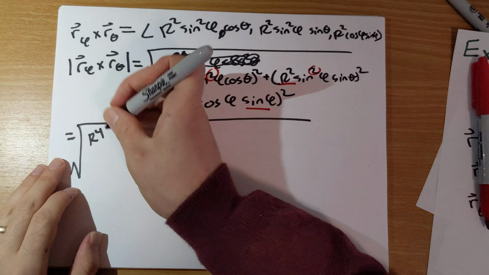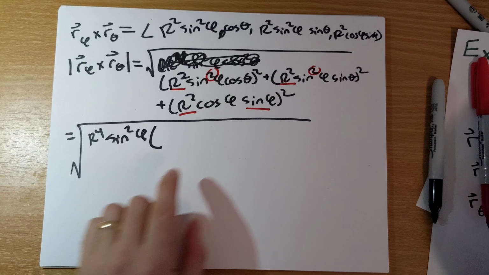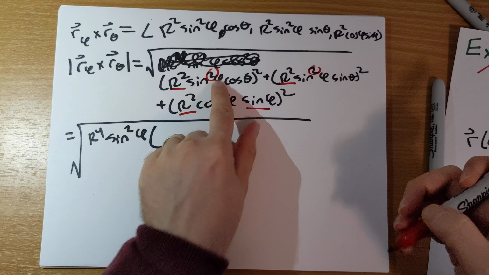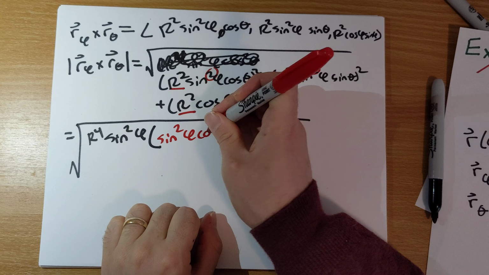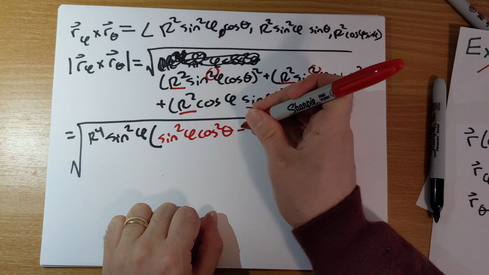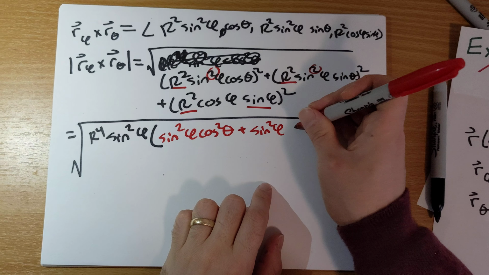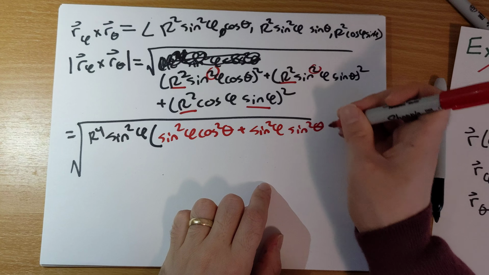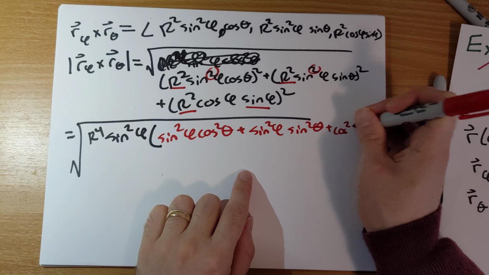So I can factor out sine squared phi from all of the terms. This leaves us with sine squared phi cosine squared theta plus sine squared phi sine squared theta plus cosine squared phi.